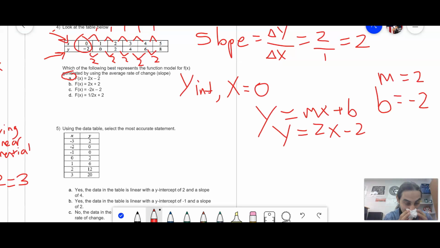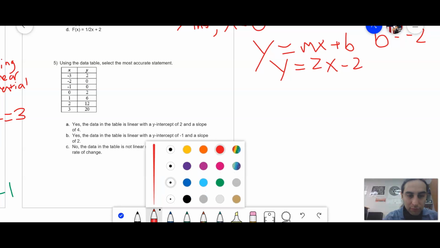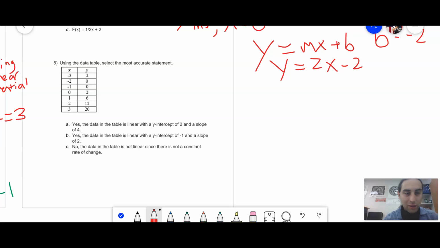All right, on number 5, use the data table, select the most accurate statement. All right, so we got a lot of information here. So is this linear? Okay.